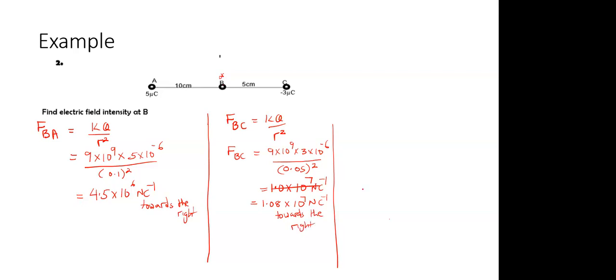Okay, this is good. Now we are going to get the effective, or the total. Meaning for the total, you just add the two since all of them are pointing in the same direction. And let me check what you have obtained.